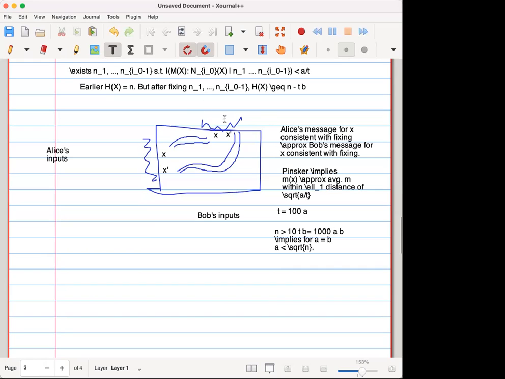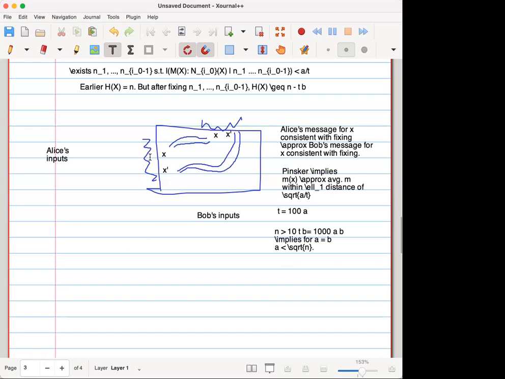X here is the same X out here. But suppose N is larger than something like 10 times TB. So N is reasonably larger than TB, and there's enough entropy left in the input random variable.